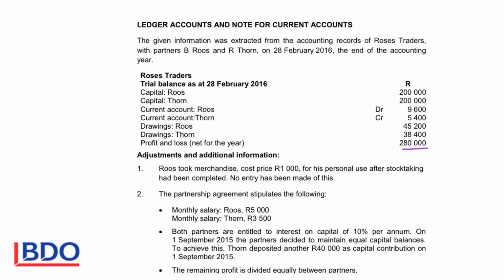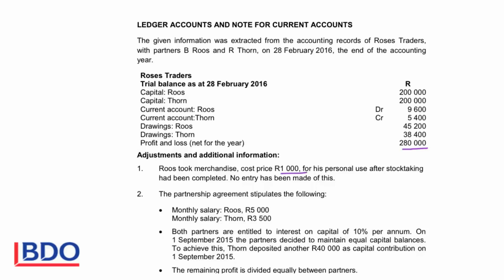We will start all these accounts with the balances that are given in the trial balance, and then we will do the adjustments. Rose took merchandise, cost price R1,000, for his personal use.